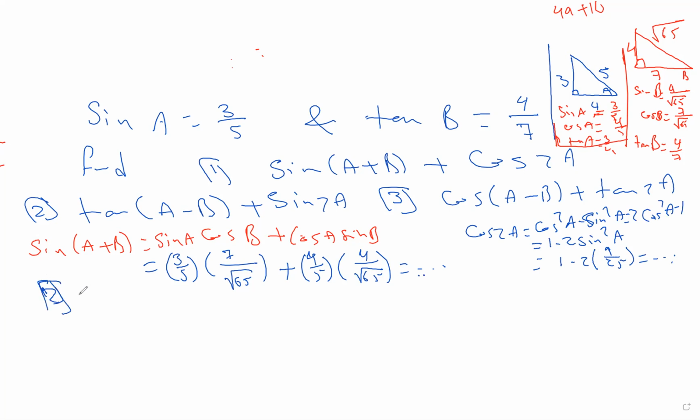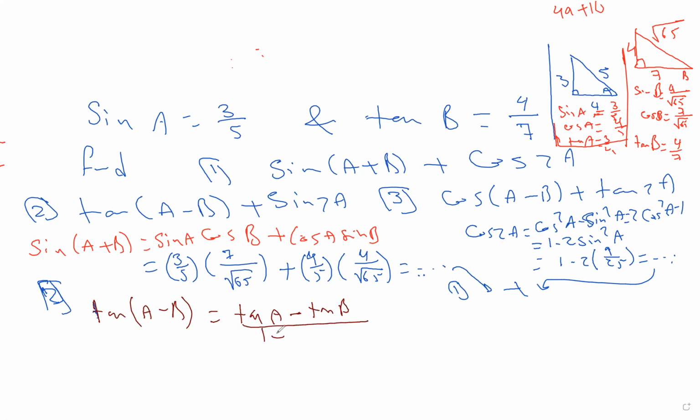Let's see number 2: tan(A minus B). It will be tan A minus tan B over 1 plus tan A tan B. You can substitute from the values that we have got now.